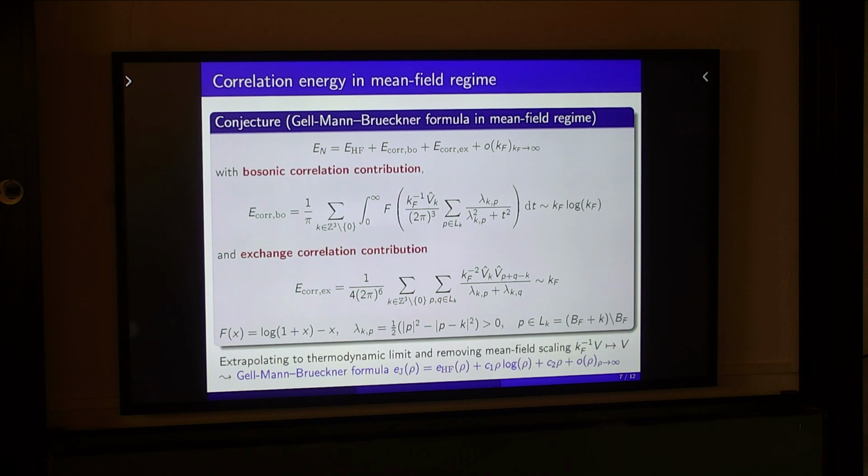So you have 1 over k to the 3 all in all, and that is divergent. So this is basically a divergent diagram if you look at the infinite volume limit. For the finite box, it is fine.